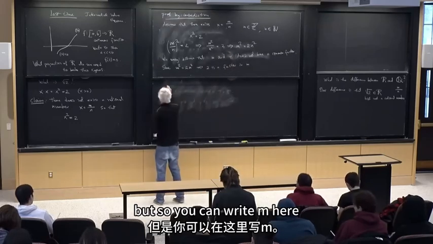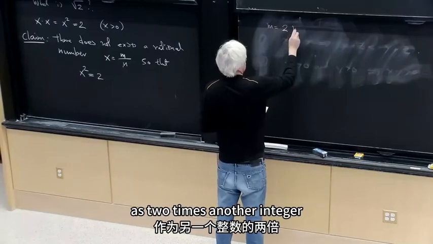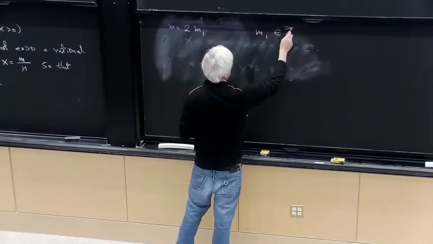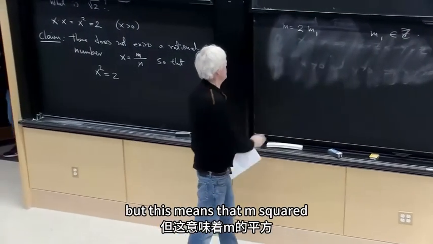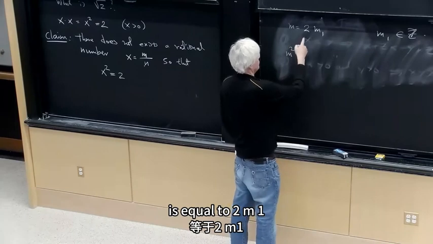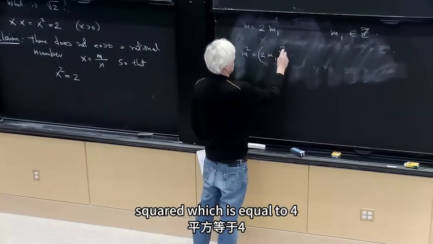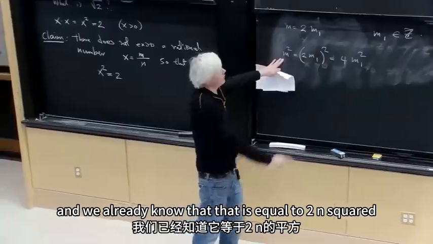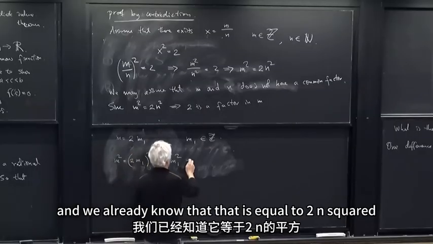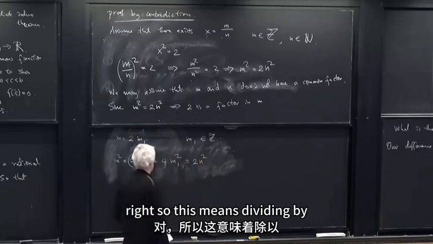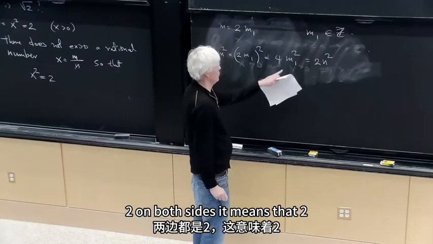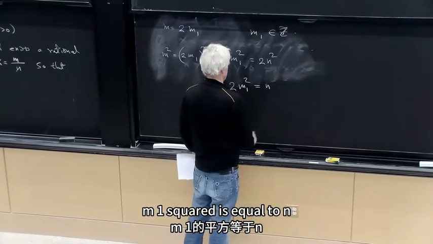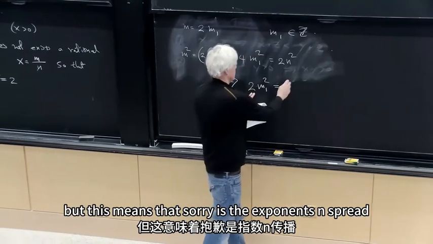So you can write m as 2 times another integer, m1, right? But this means that m squared is equal to 2m1 squared, which is equal to 4m1 squared, and we already know that that is equal to 2n squared. So dividing by 2 on both sides, it means that 2m1 squared is equal to n squared.